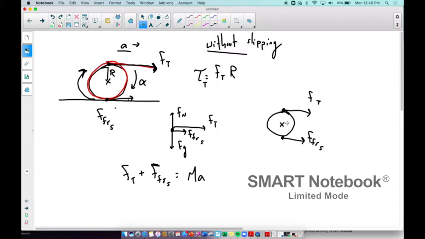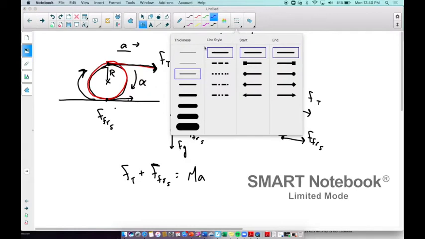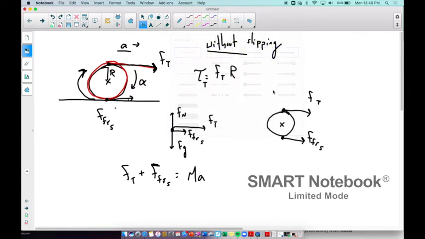In other words, here's the axis of rotation. Here is a line drawn from the axis of rotation to the point of application of my force. If you were to do a right-hand rule for the cross product of these two vectors, you're going to get a torque pointing into the page.